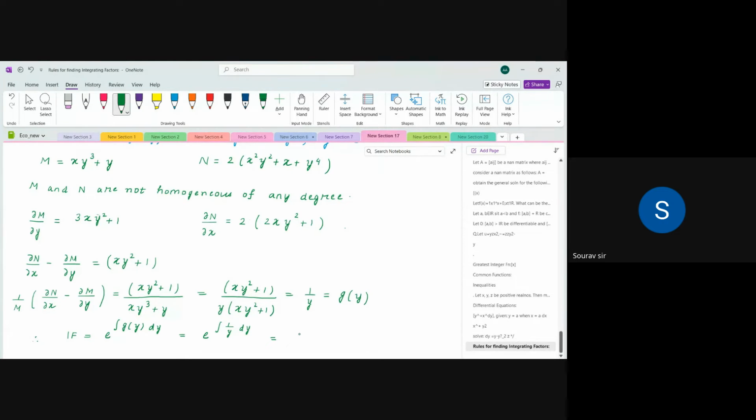So what are we getting? Can anyone work this out? Mod of y. Correct? Is it making sense? Any questions, anyone?